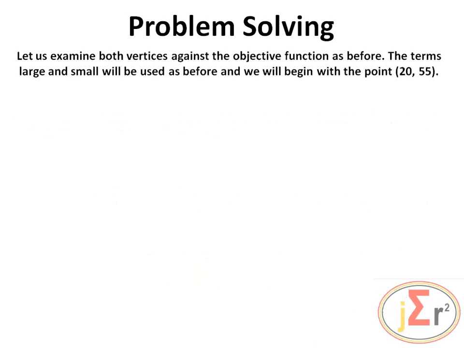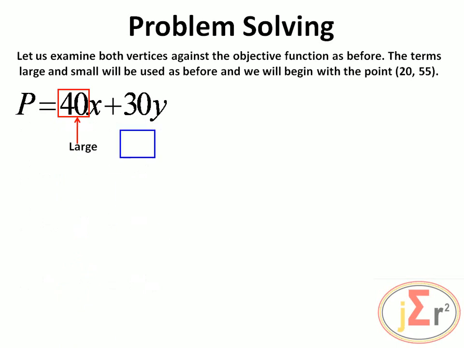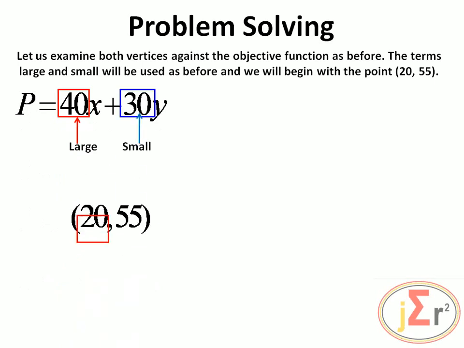Let us examine both vertices against the objective function as before. The terms large and small will be used as before, and we will begin with the point 20, 25. So, of course, let us put in our large tag and small tag, and we take our first vertex and we put a small for the smaller one and a large for the larger one.